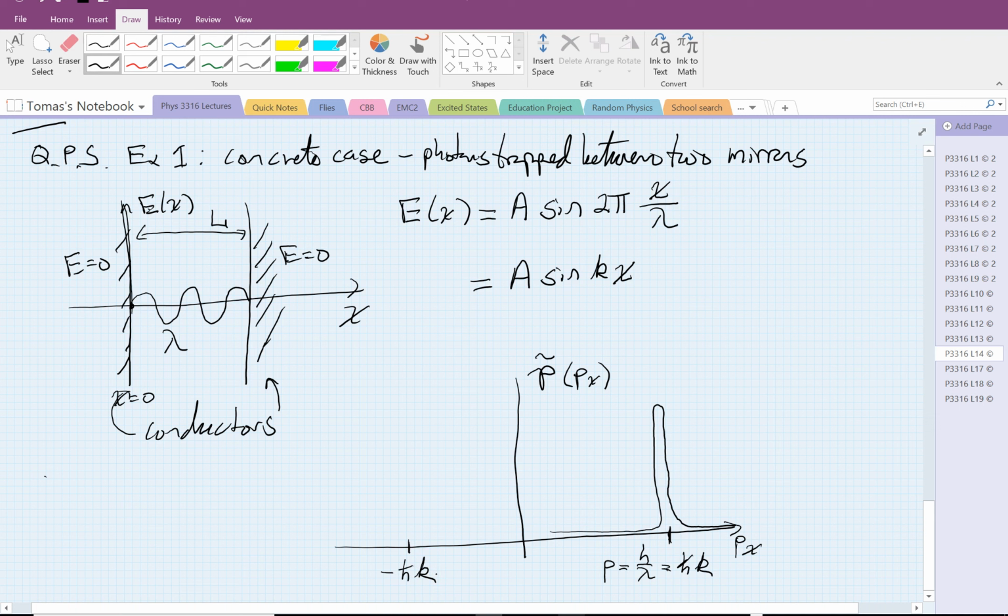And since they're bouncing back and forth, I expect that on average, half the time I'll find them moving to the right, and half the time I'll find them moving to the left. So in fact, I should have a distribution that looks something like this. My point I'm trying to convey is these two peaks have equal height. They have equal probability associated with them.